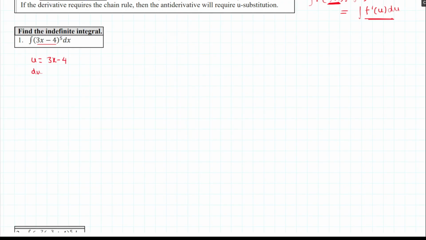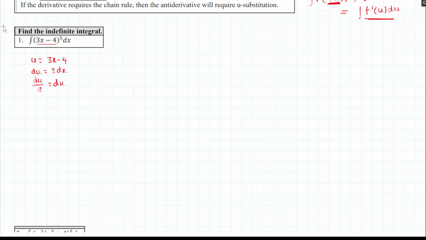Then du is, taking the derivative, 3 dx, since the derivative of the constant is 0. Solving for dx, we get du over 3 equal to dx.